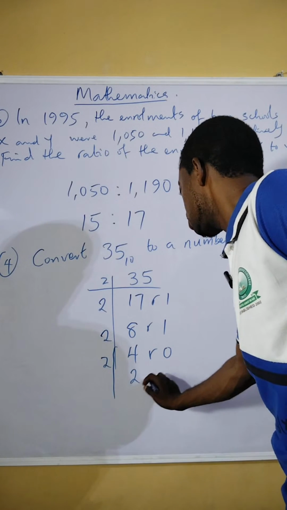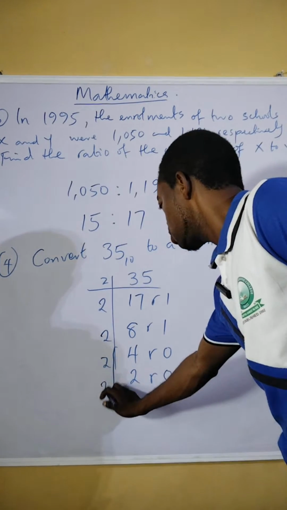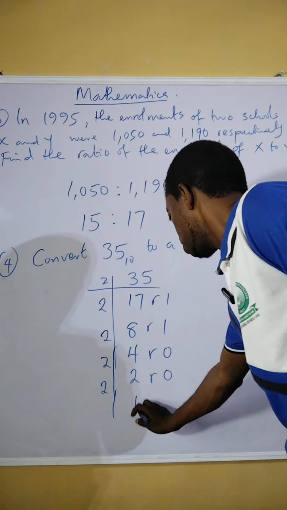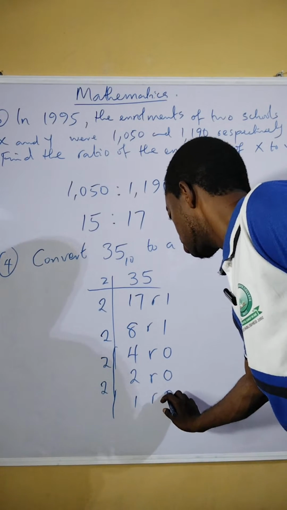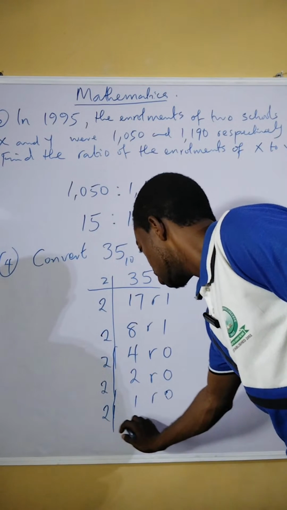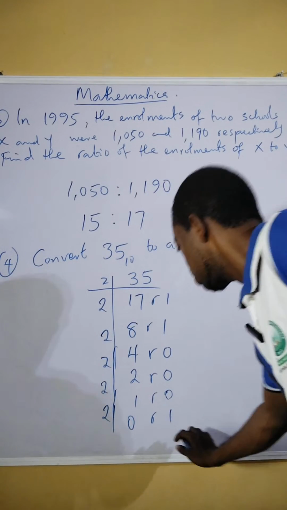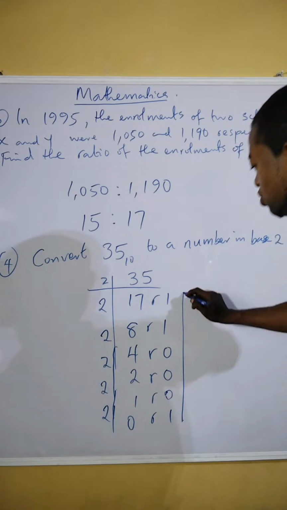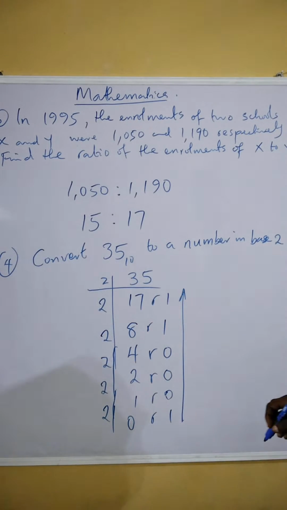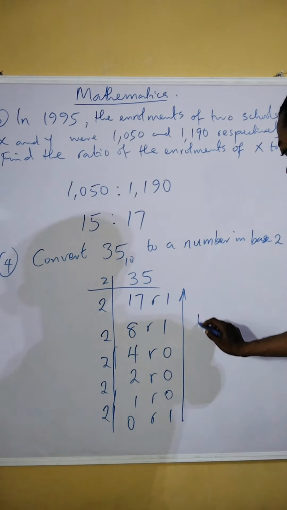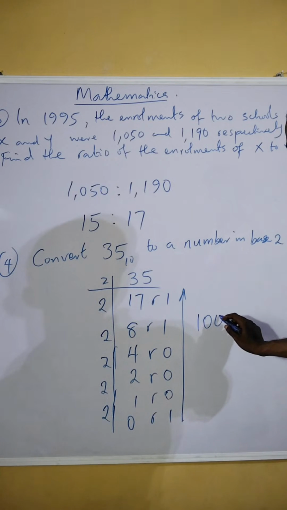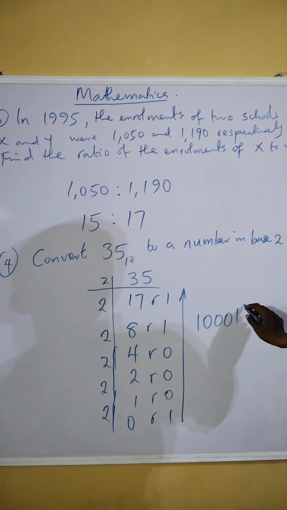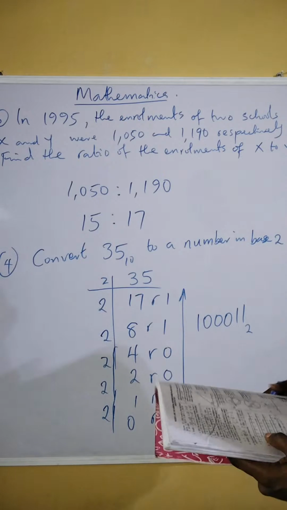We have 2 remainder 0. 2 goes in 2. We have 1 remainder 0. 2 goes in 1. That's 0, remainder 1. So now we write the results from bottom up. This becomes 100011 in base 2.